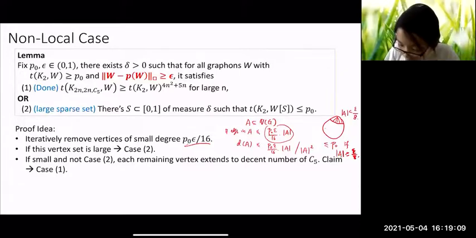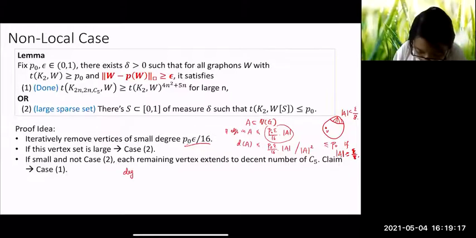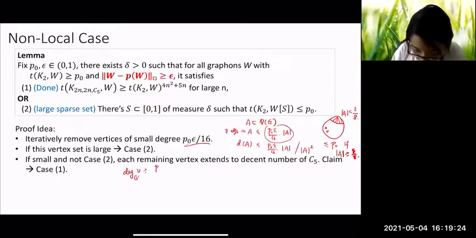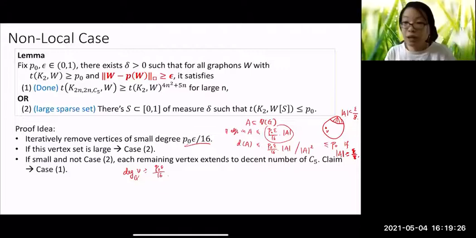In particular, for any of the remaining vertex V, the degree of V in the remaining graph G prime is at least P0 epsilon over 16, because otherwise we should have removed this vertex.